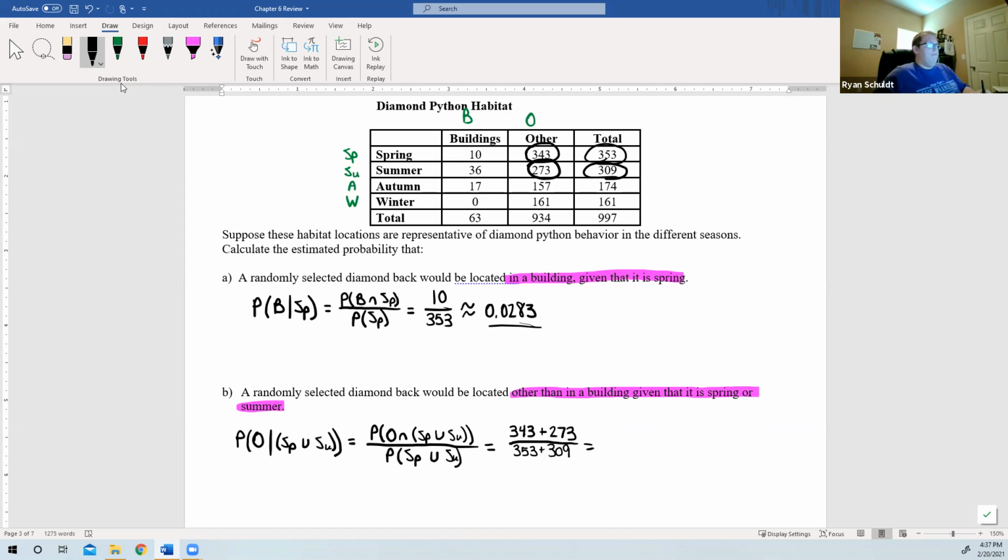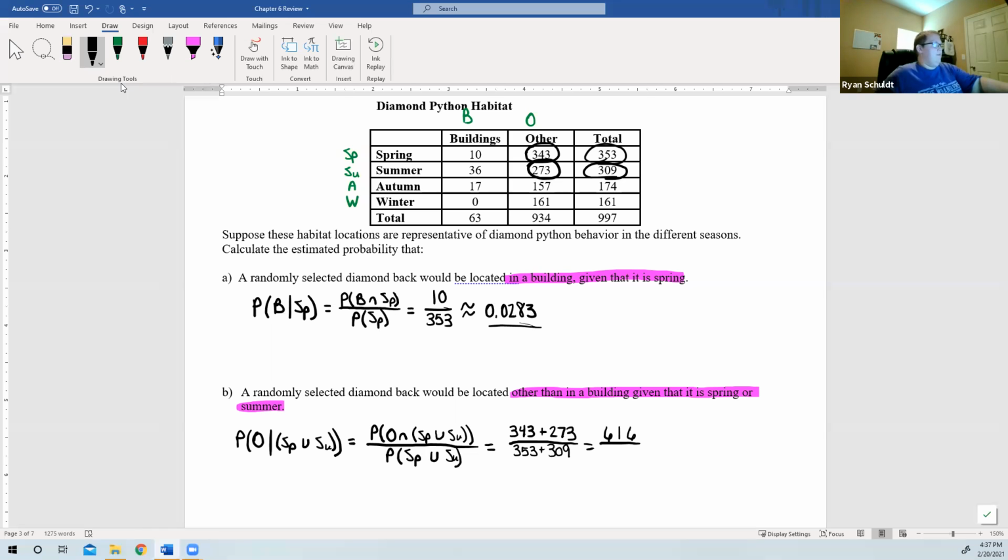So the top, 343 plus 273, that's going to give me 616.